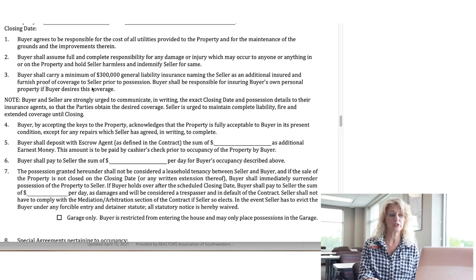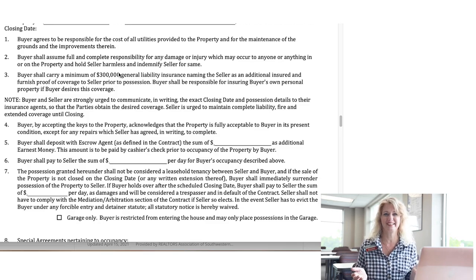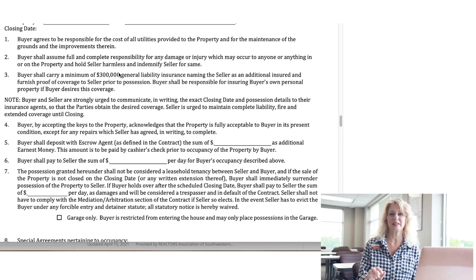Furnish proof of coverage to the seller prior to possession, and the buyer shall be responsible for insuring the buyer's own personal property. So the seller isn't responsible to insure the property as far as liability. The seller would still insure the property for the property, but not for liability and not for personal property.